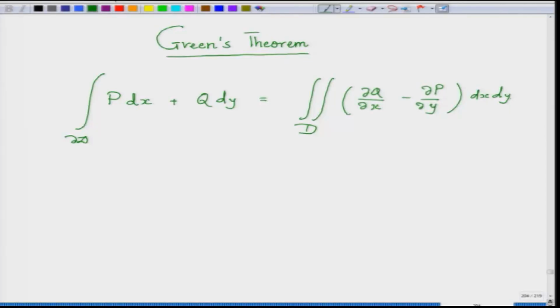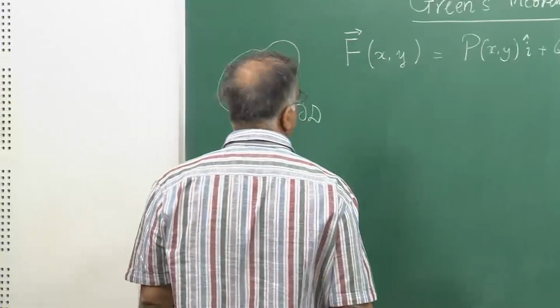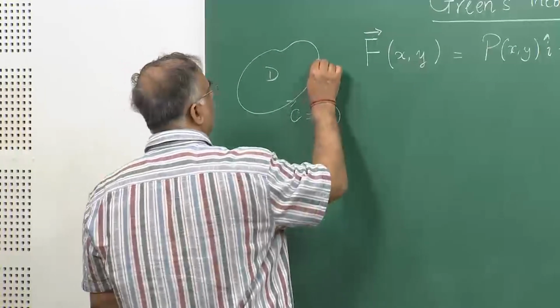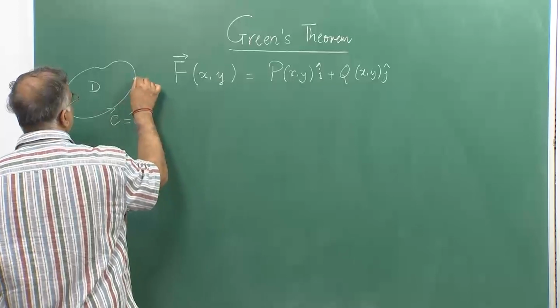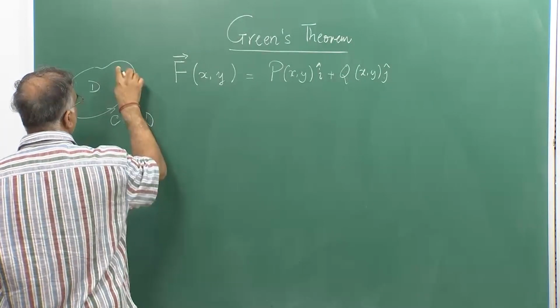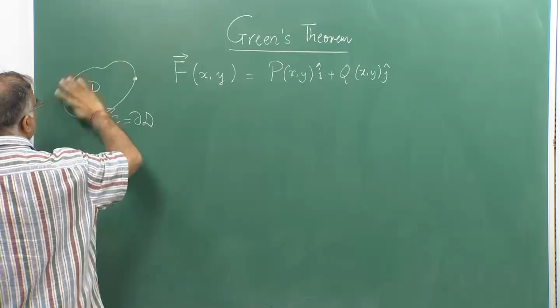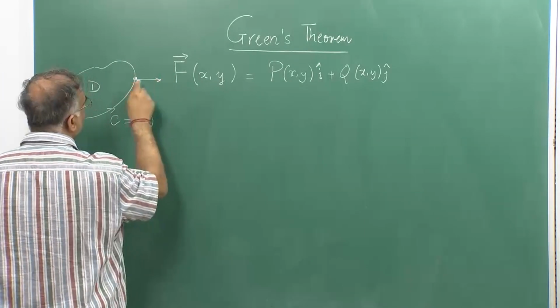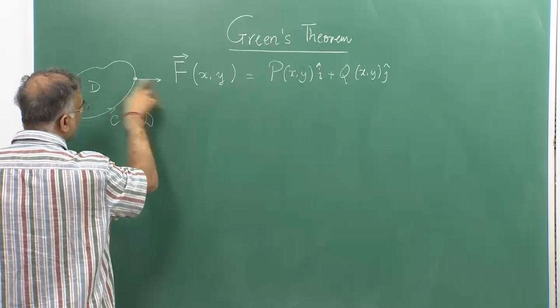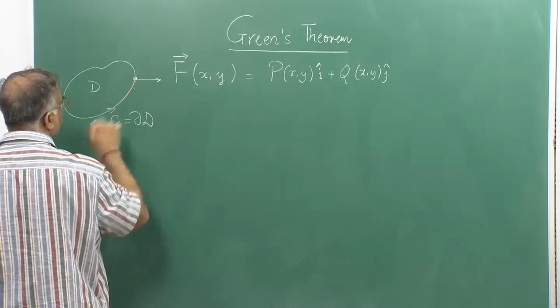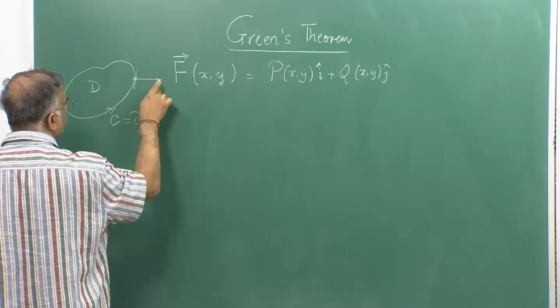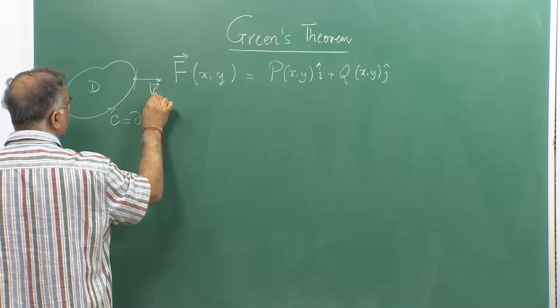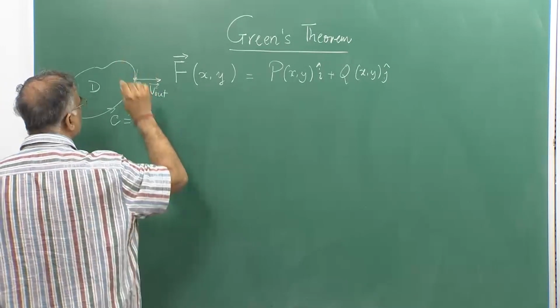So, how do I decide which direction is my positive orientation? In these kinds of curves, this is my domain, and this is outside the domain. Take any vector v from a given point pointing perpendicularly, normal. If I draw a tangent line here, there is a normal which I call the v out vector, pointing toward the outside.